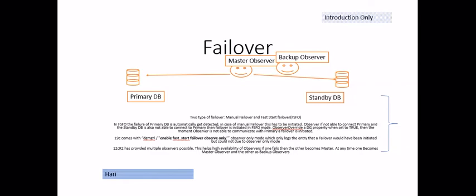So if there are multiple observers configured in 12c R2 as a new feature, only one becomes master and the others become backup observers. Backup observers come into role only when the master observer is not available.